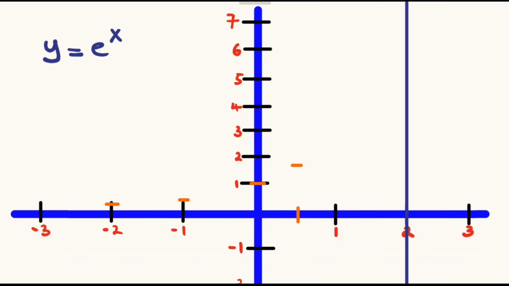When x is 1, y will be 2,71. And when x is 2, y will be 7,389, somewhere up there. So let's join our points, and we have this as the graph of y equals e to the power x.